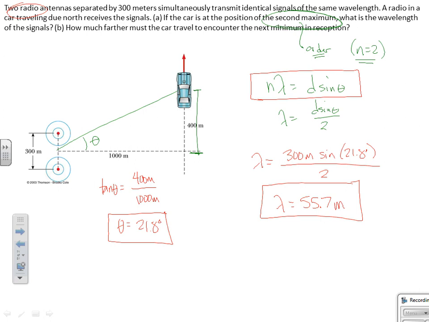Here's a place where each of those sources is observed. The fact that these paths are different lengths says that they can interfere in different ways based on what that difference in path length is. Okay? Tricky stuff for sure.